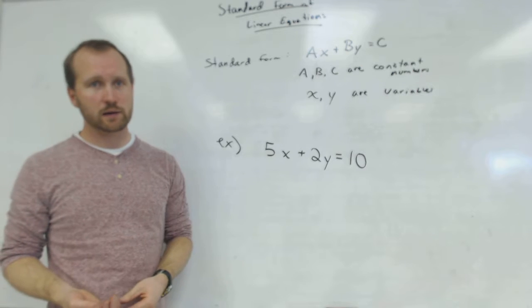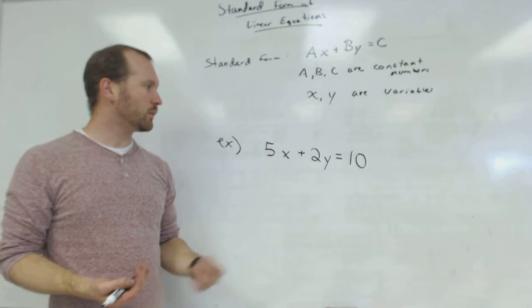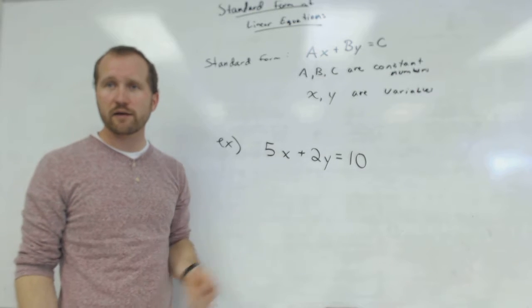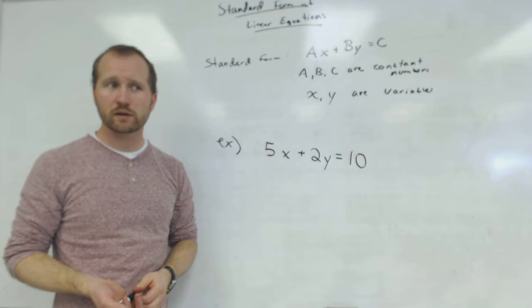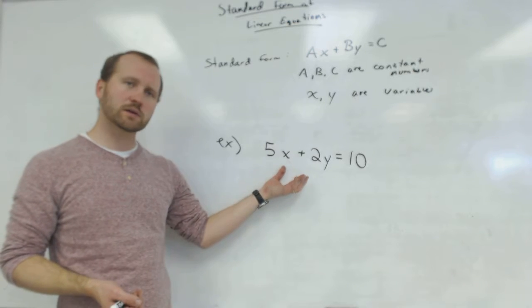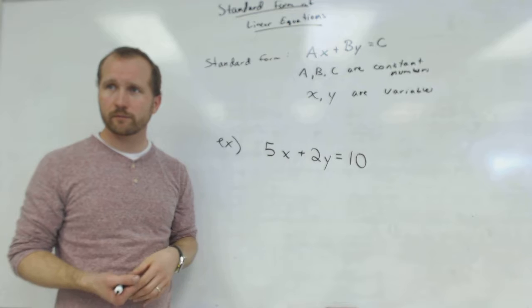It's not our y-intercept. And when you look at an equation like this, it's not as obvious how to graph it as it was with slope-intercept form. I can't just look at the numbers and plot them on my graph.